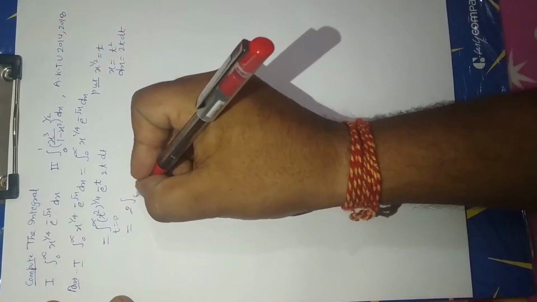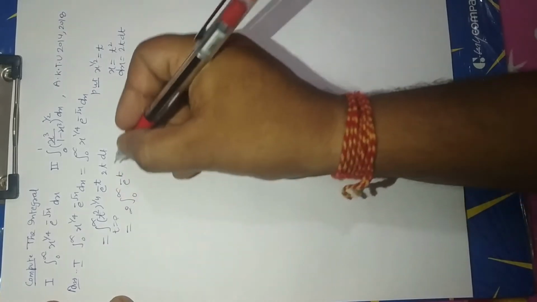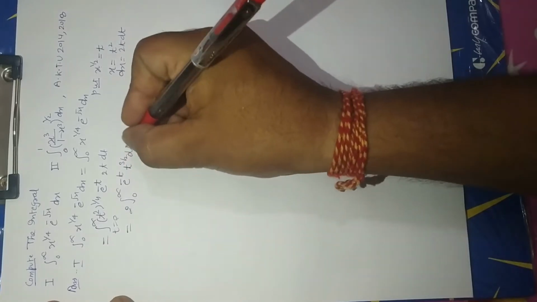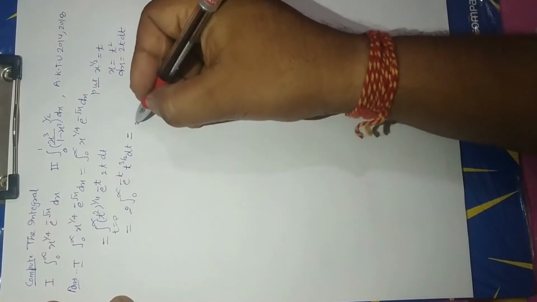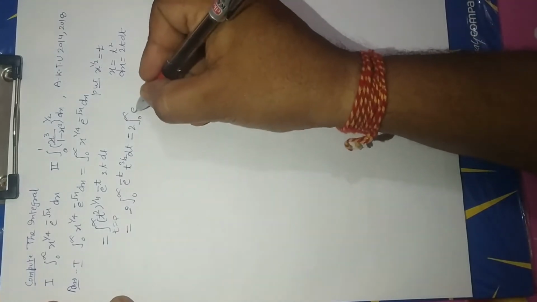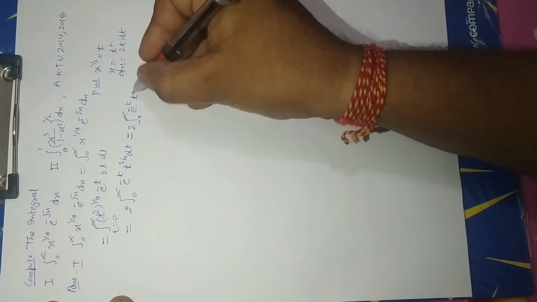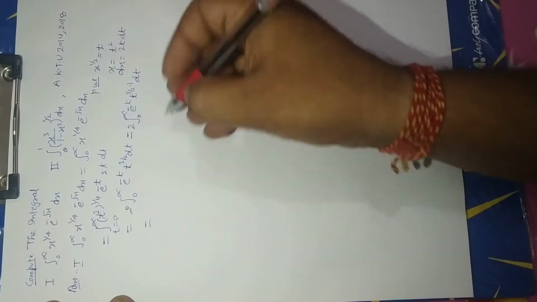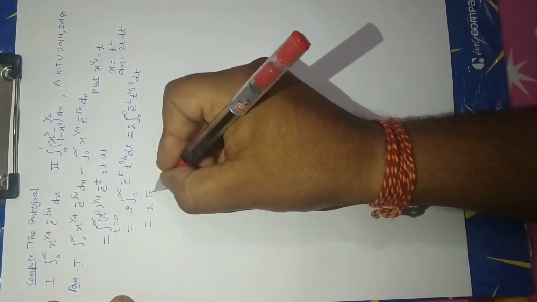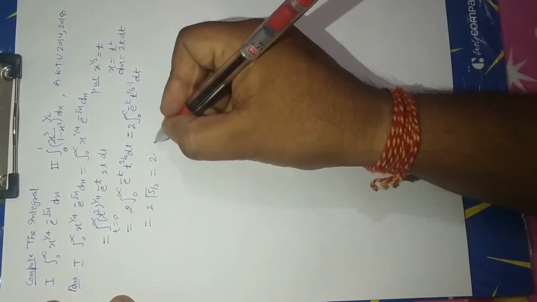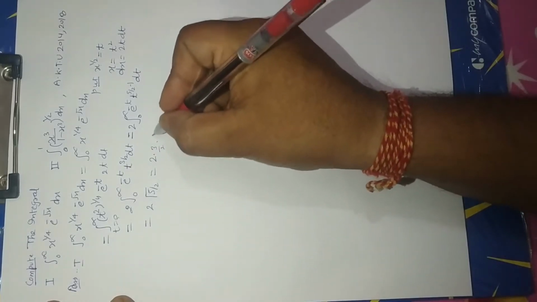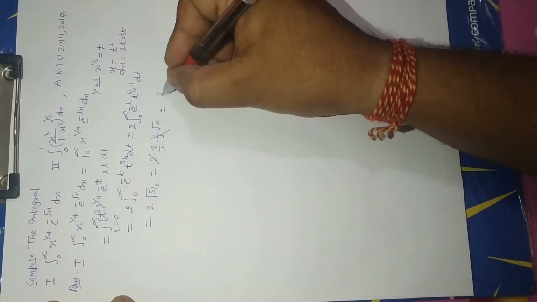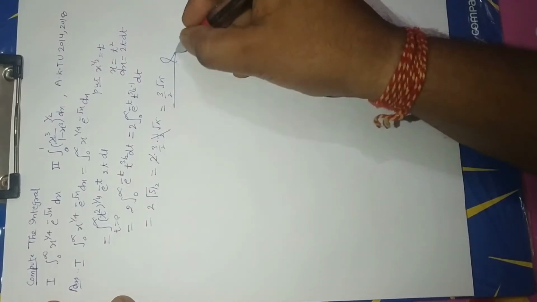Now 2 integral 0 to infinity e to the power minus t, t to the power 3 by 2 dt. This equals integral limit 0 to infinity e to the power minus t, t to the power 5 by 2 minus 1 dt. Now by the definition of gamma function, 2 gamma 5 by 2. Now 5 by 2 gamma 3 by 2, 1 by 2 under root pi. Now cancel by 2, this is equal to 3 by 2 under root pi, is the answer.